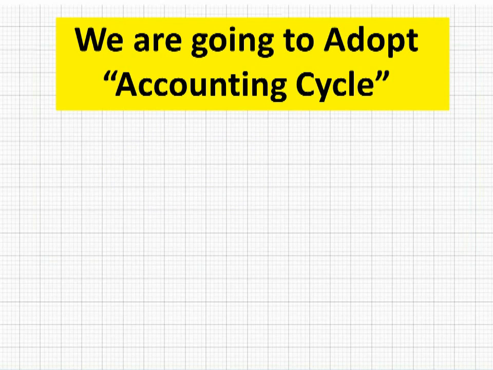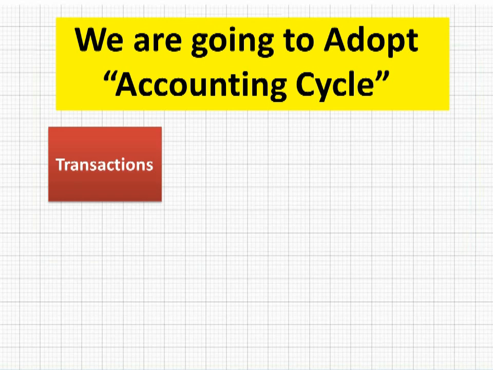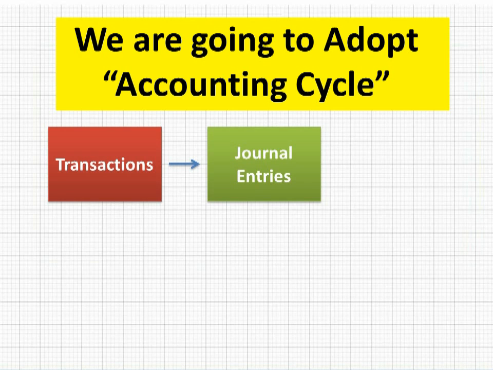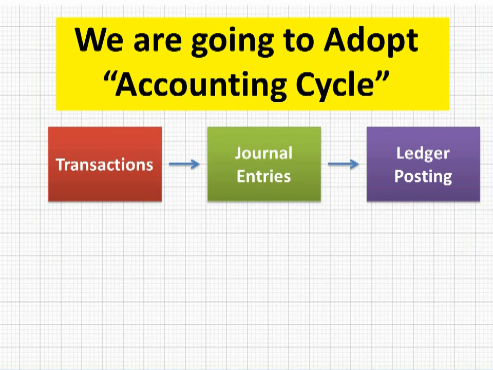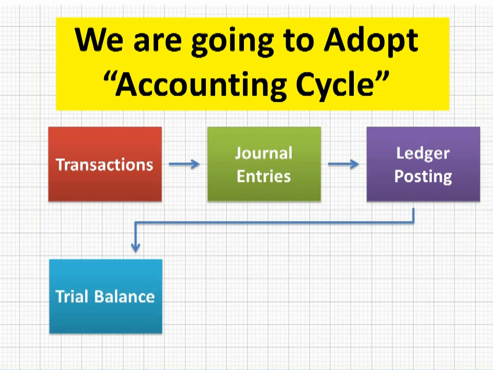Be careful, we are going to assume that we are going to adopt the accounting cycle. Transactions will be converted into journal entries, will be converted into ledger posting, will be converted into trial balance, then trial balance will be converted into final accounts.